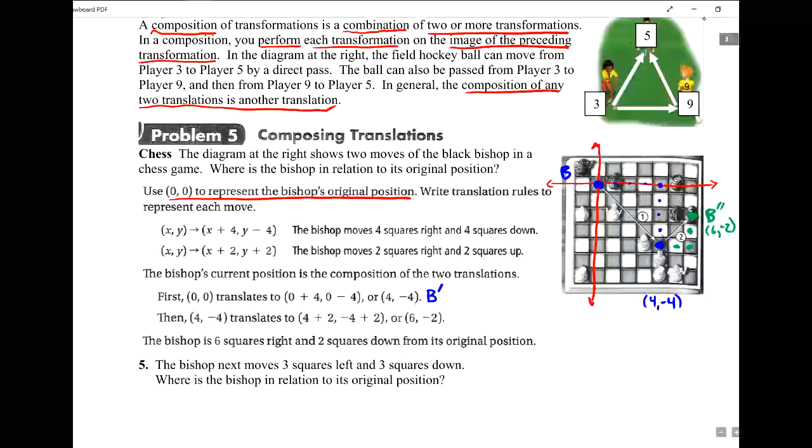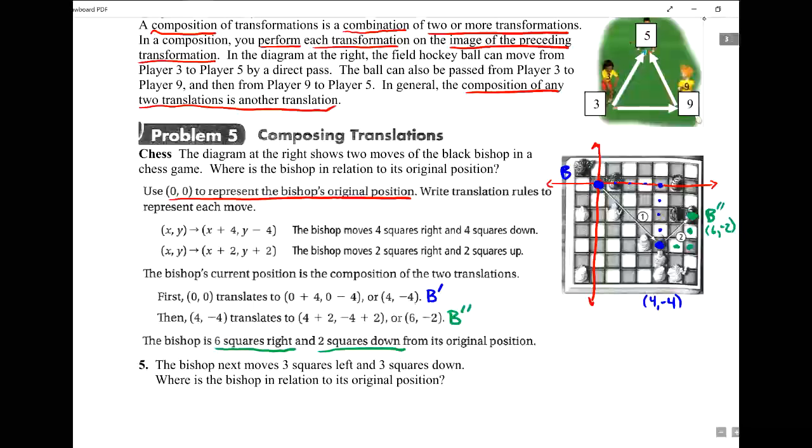We take bishop prime and we add 2 to the x, add 2 to the y, and notice that on the coordinate plane graphically is the same as numerically, and the bishop is 6 squares right and 2 squares down.